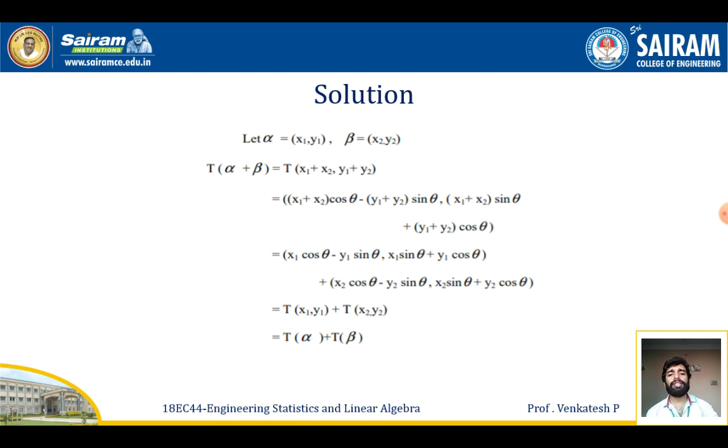So I can replace this one as T of x1 y1. So from the same given condition, it will be T of x2 y2. So further I'll be getting T of alpha plus T of beta. Hence I got T of alpha plus beta is equal to what? T of alpha plus T of beta. So hence the first condition gets satisfied in the given problem.